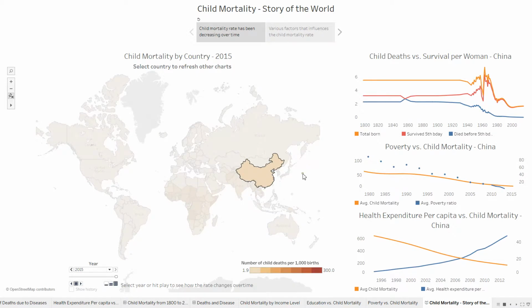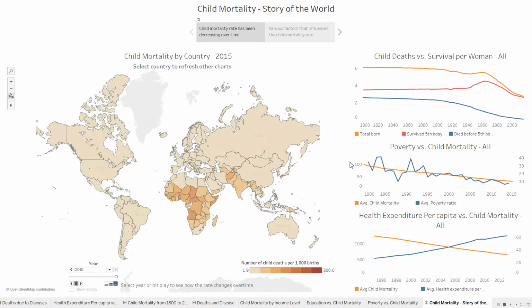and we can visualize similarly for other countries as well. Now, going towards poverty, we can see that poverty has a direct relationship with child mortality. As the poverty reduced, child mortality also reduced. And you can again similarly check for each country how the poverty affected the child mortality.